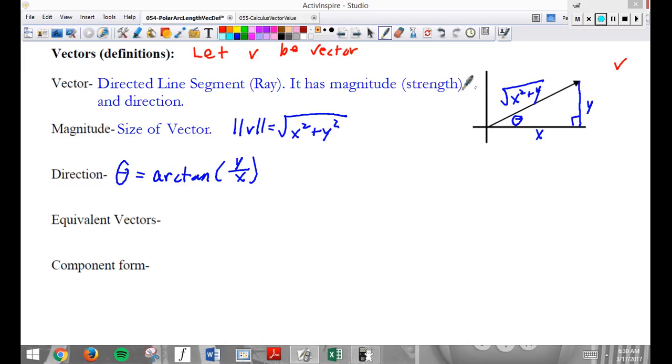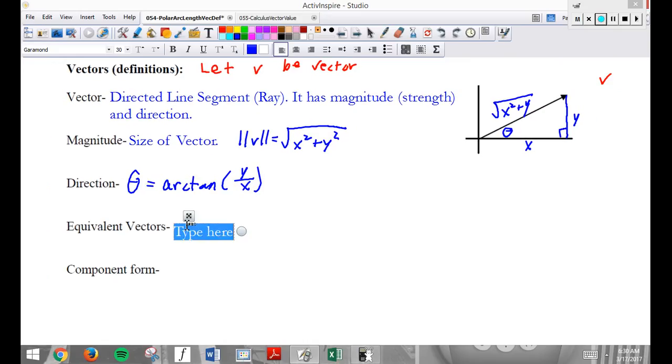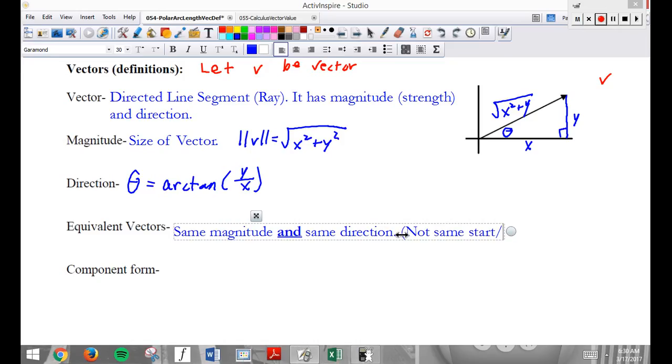Equivalent vectors are vectors that have the same magnitude and the same direction. And this has to be emphasized in your mind. Not same start or end, not same length.